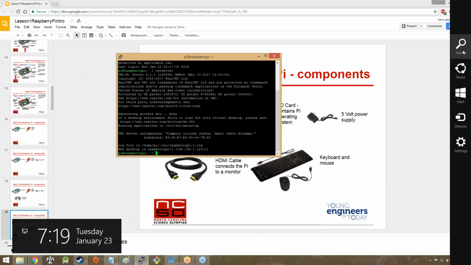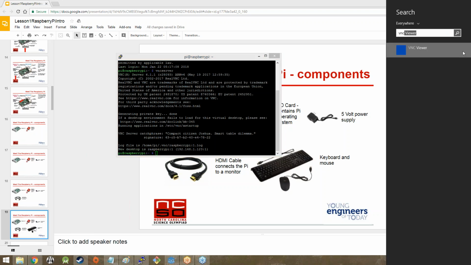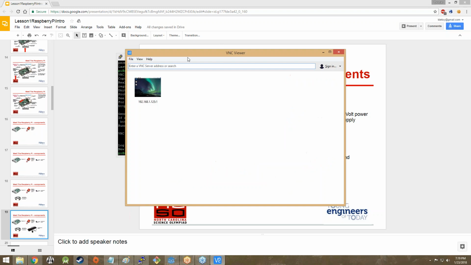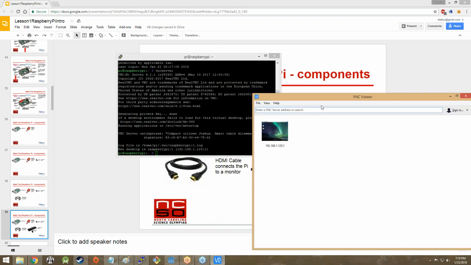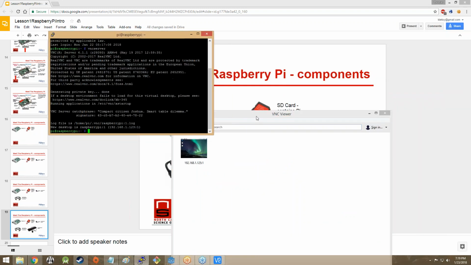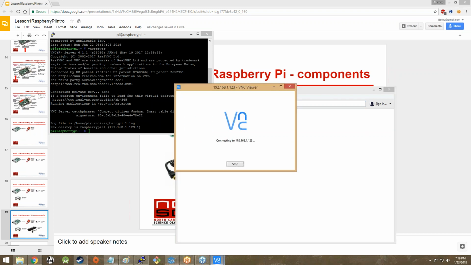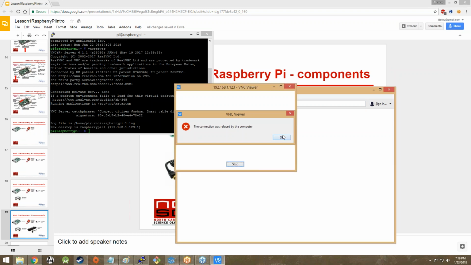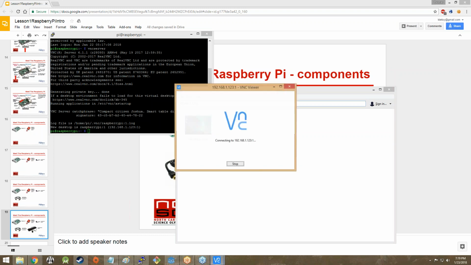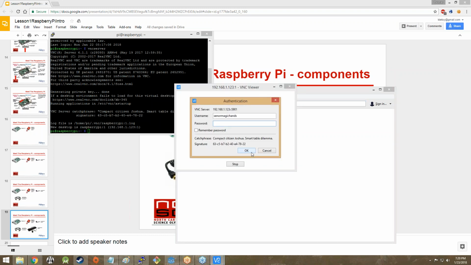So then I can pop into VNC and connect via remote desktop. 192.168. Good Lord. Oh dear. There we go. Continue.